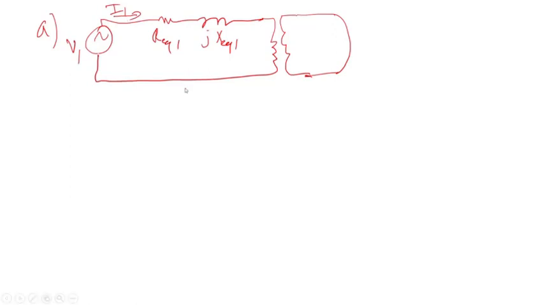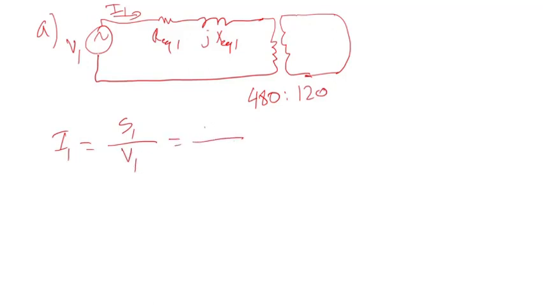So it's important to make the sketch to understand what's going on. This side is 480, this side is 120 volts, so that's the ratio. The rated current is equal to S1 rated divided by V1 rated.